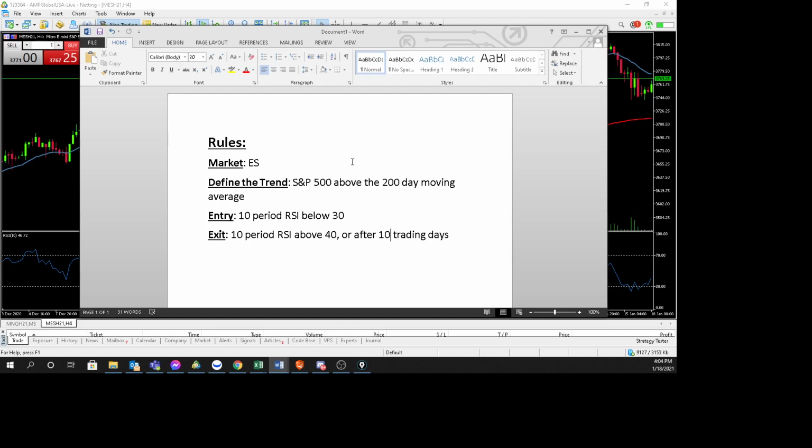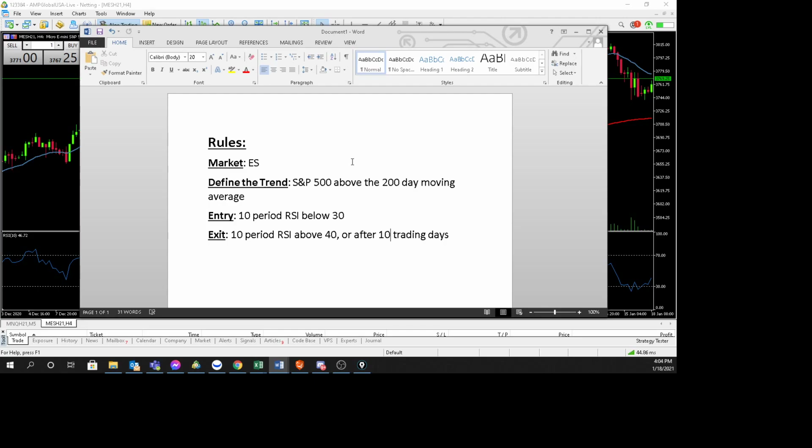So we're going to be looking at the ES, which is the S&P 500. You could use the S&P 500 ETFs. I think there are some other ETFs with the S&P 500, but anyway, the futures market is what I trade, so I'm going to primarily focus on that. So the market is the ES S&P 500.